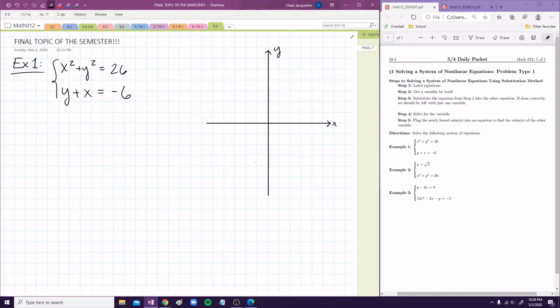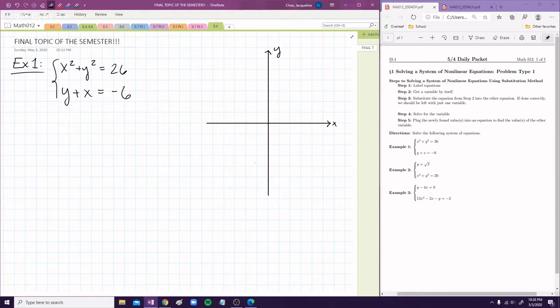So let's go ahead and look at example 1, and we'll talk more about it. For example 1, we want to solve the following system. We're given x squared plus y squared equals 26, and y plus x is equal to negative 6. Before we solve it, I actually want to graph it so you have a visual idea of what we're doing.